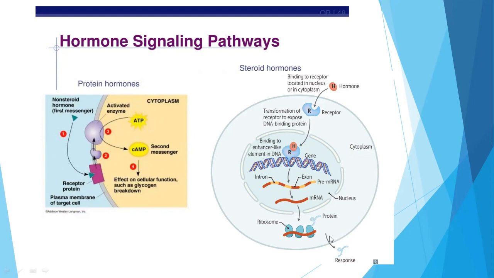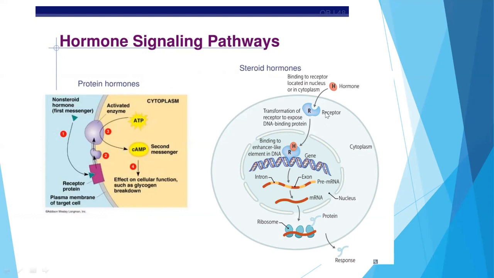Now, what is important for us is the steroid hormones. Steroid hormones bind on cytoplasmic receptors. Steroid hormones are lipophilic, and therefore most circulate bound to specific binding globulins, which increase their solubility. When they bind on the cytoplasmic receptors, there is a transformation of the receptor to expose the DNA binding protein.